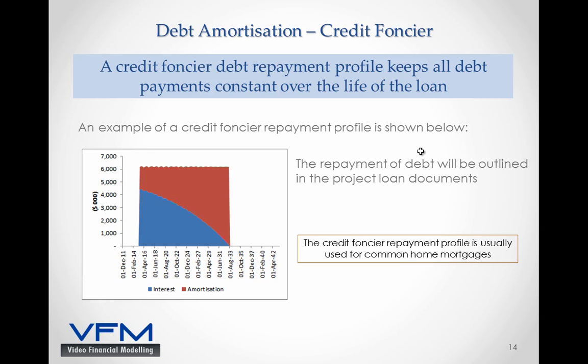Usually, particularly if you're a financial advisor, you will insert the repayment profile into the facilities agreement or credit agreement. Once that's inserted, that will be your repayment profile based on how much you draw down.